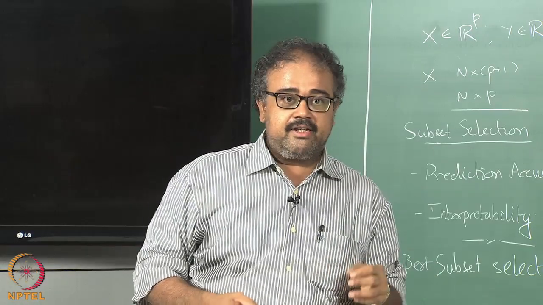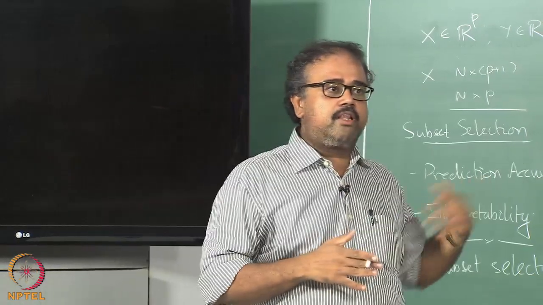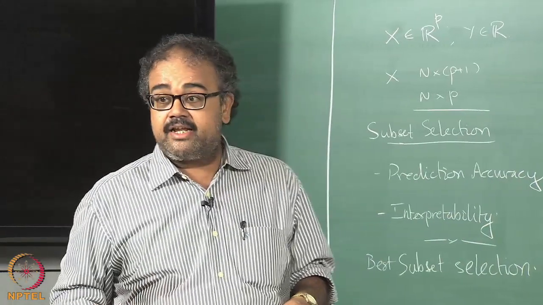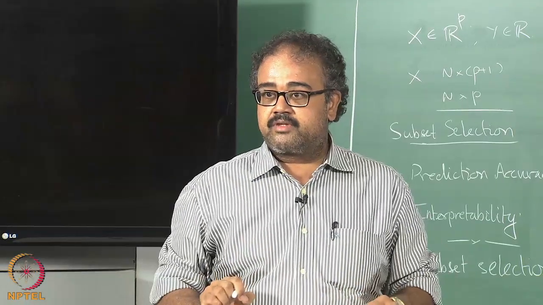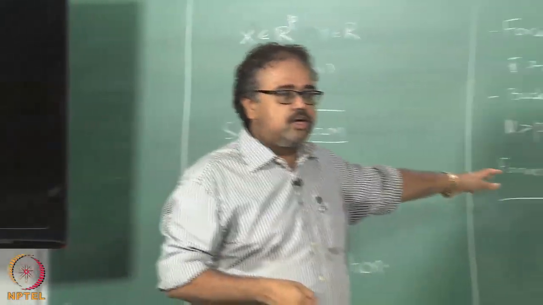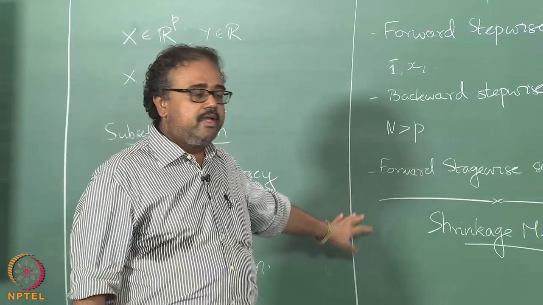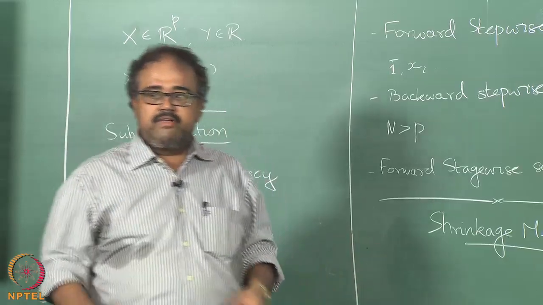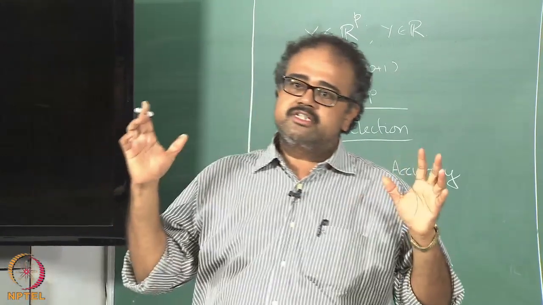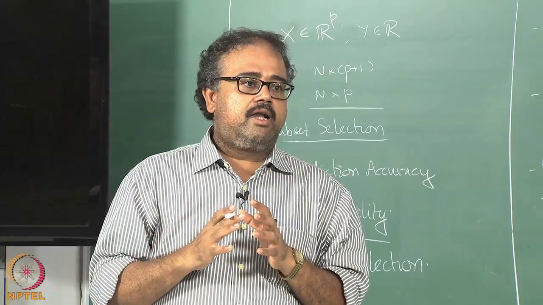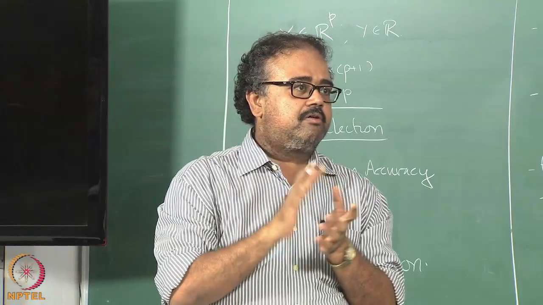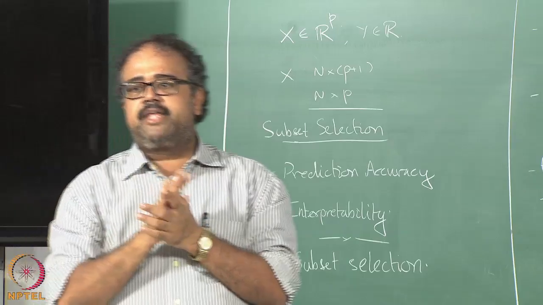In subset selection, all the variables that we did not select, we are setting the coefficients to 0. But instead of doing an arbitrary greedy search or stage-wise selection, in shrinkage methods we come up with a proper optimization formulation, which allows us to shrink the unnecessary coordinates. Ideally we would like to shrink them all the way to 0, but there are problems in doing that, so we will try to keep them as small as possible.